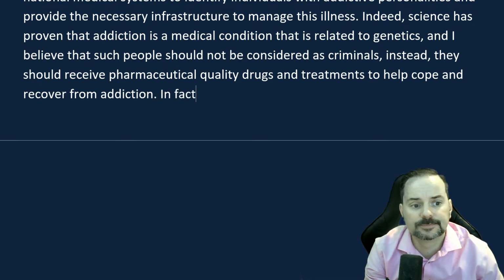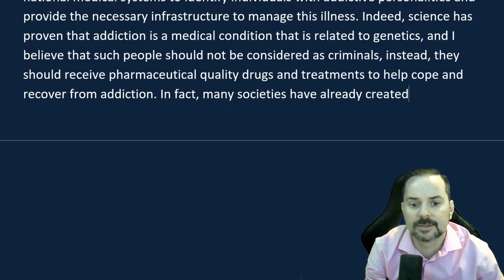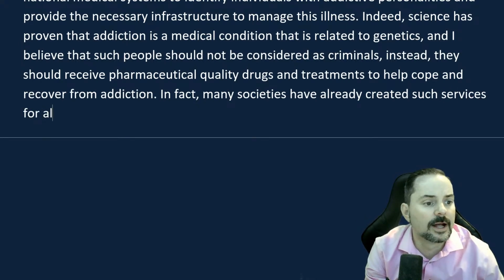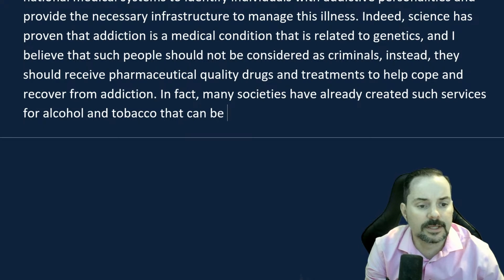In fact, many societies have already created such services for alcohol and tobacco that can be considered the same.